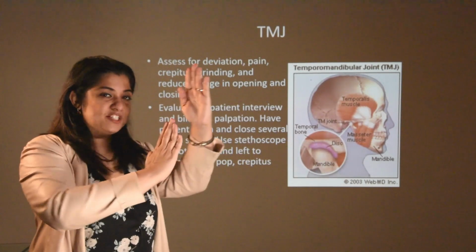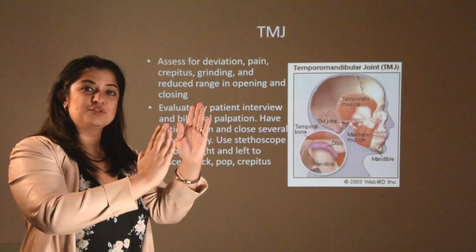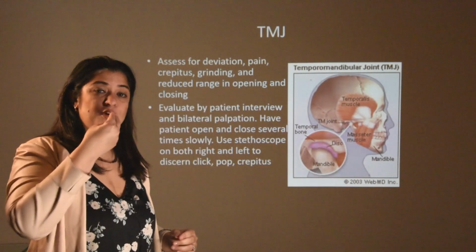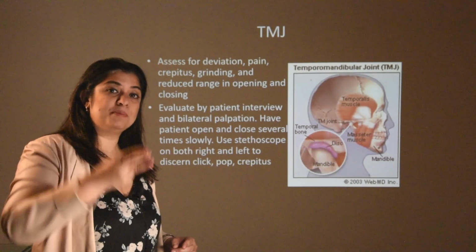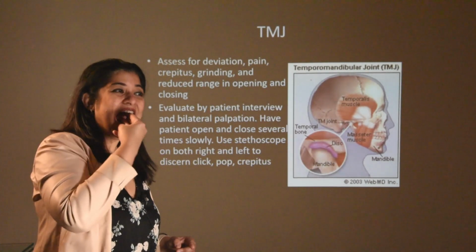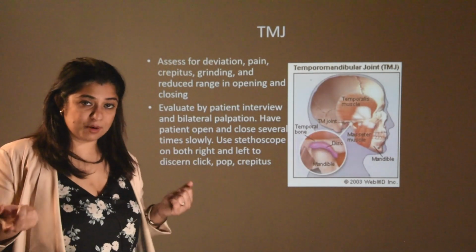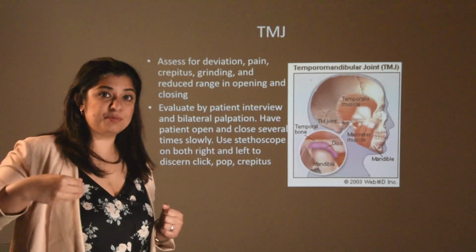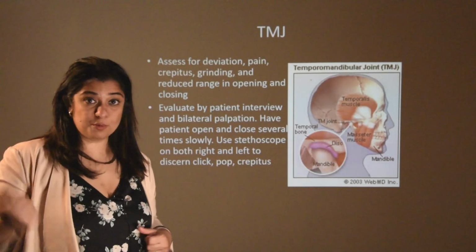And you want to notice if there's any shift in the TMJ when the patient is closing the mouth. You also want to notice the jaw or mouth opening. The normal mouth opening is 3 fingers. If a patient cannot open 3 fingers, you know that there's a problem going on. Also, you know that when you perform dentistry, you're going to have a hard time. You may have to prop the mouth open.